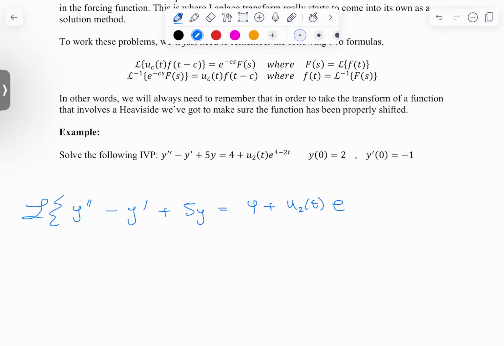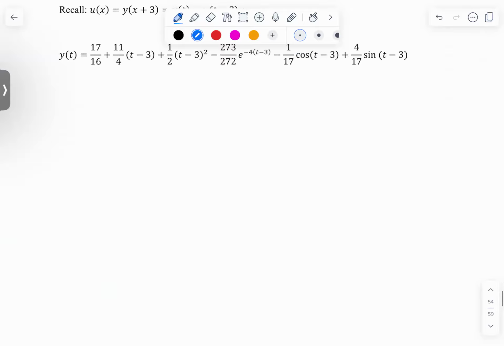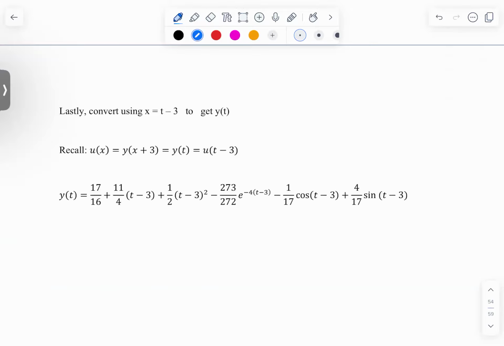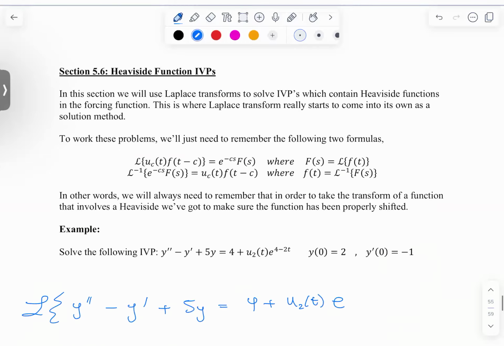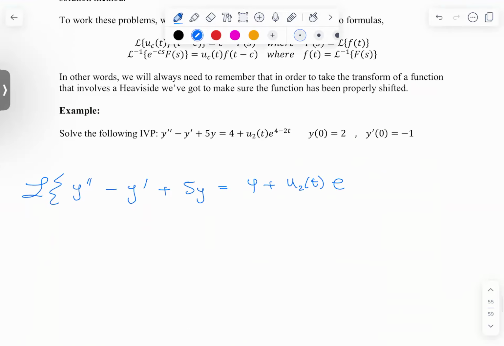No, it is not. Just like we just talked about, everything needs to be in whatever the Heaviside function is, like t minus 3, t minus 9. So in this case, it needs to be in the form t minus 2, because it literally has to match this.